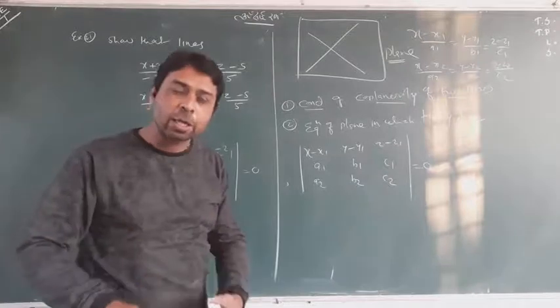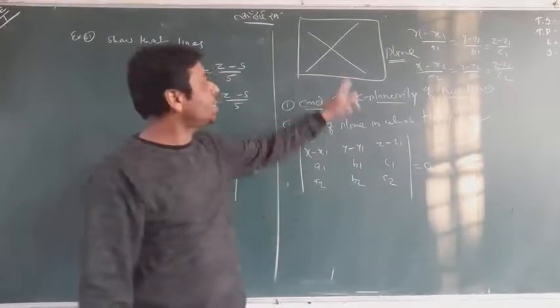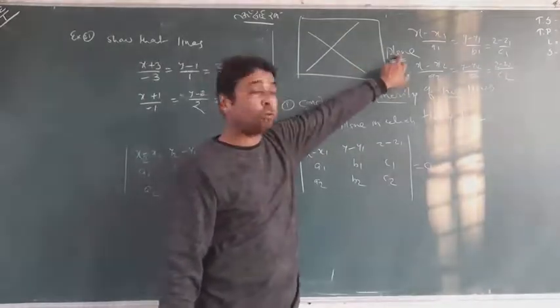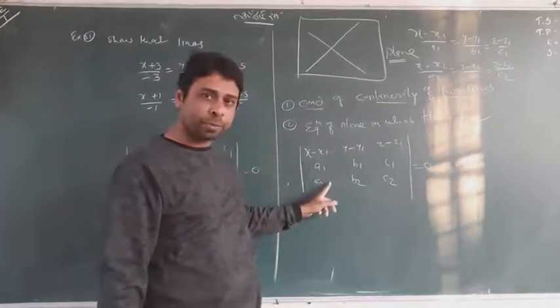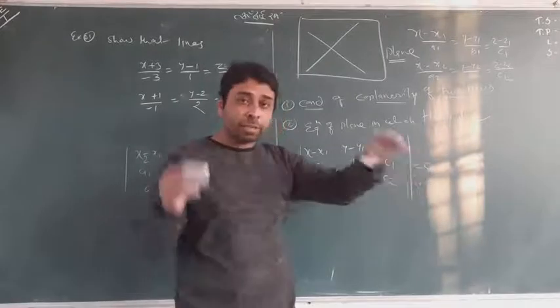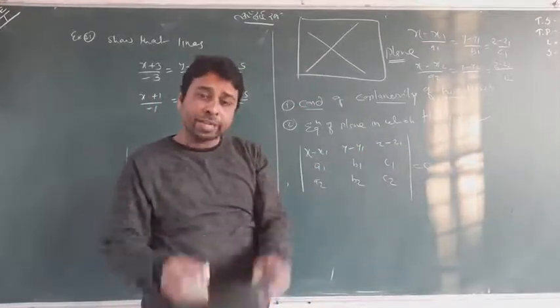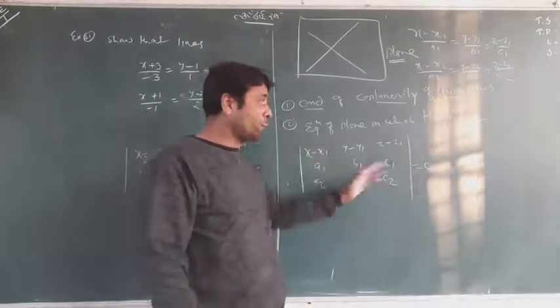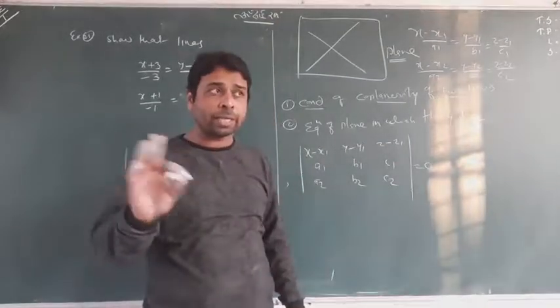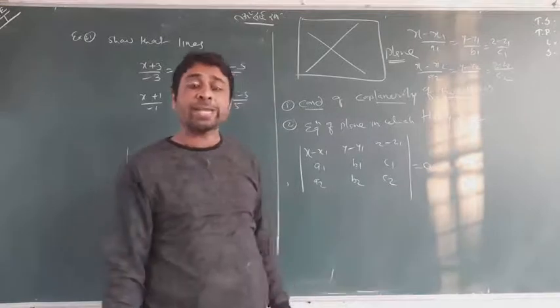After finding this, a question may come: if lines are intersecting, find the equation of the plane in which they are lying. This is the answer. Please don't write left hand side equal to right hand side. You need not show it like that. You have to take both sides together and get your equation.